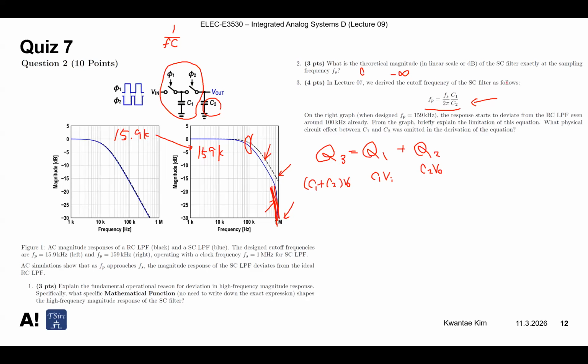So we used this charge conservation law, or you can also call it charge sharing, that shares the charge when we want to derive the Z-domain analysis of the switched capacitor filter cutoff frequency.